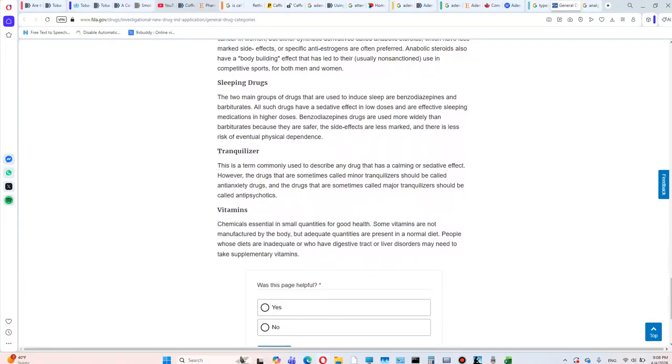Sleeping drugs. The two main groups of drugs that are used to induce sleep are benzodiazepines and barbiturates. All such drugs have a sedative effect in low doses and are effective sleeping medications in higher doses.